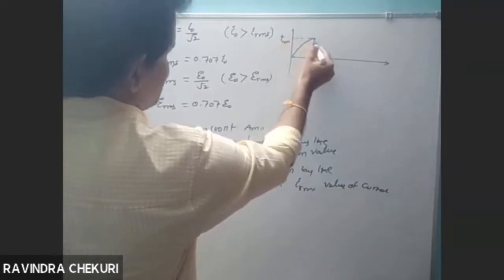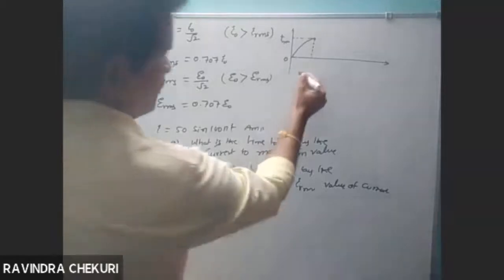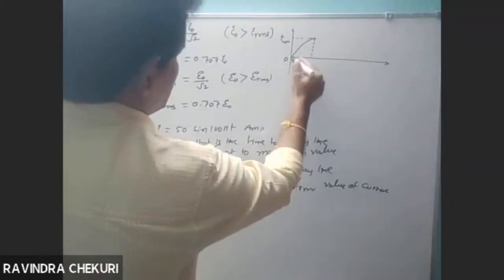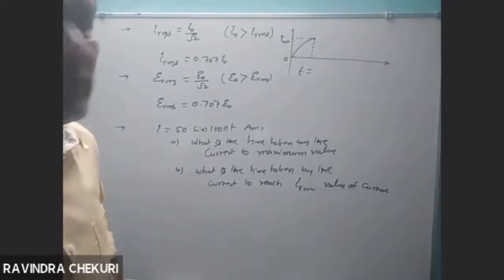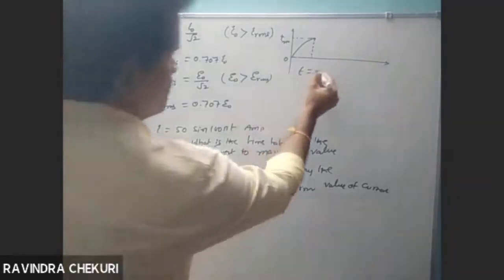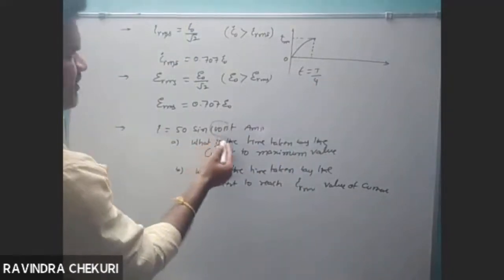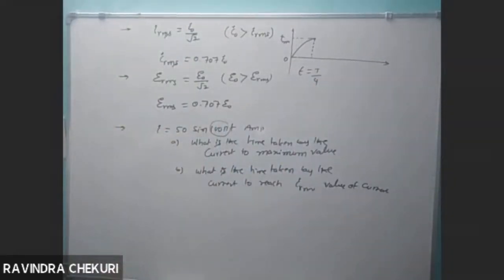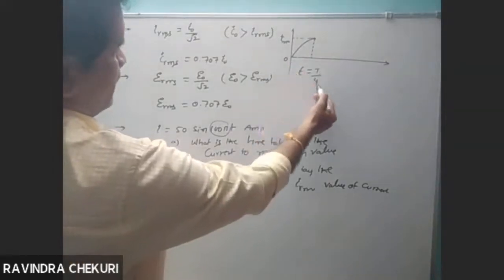How much time does it take to reach the maximum value from 0? T by 4. So the time taken by the current to reach the maximum value is time period by 4.